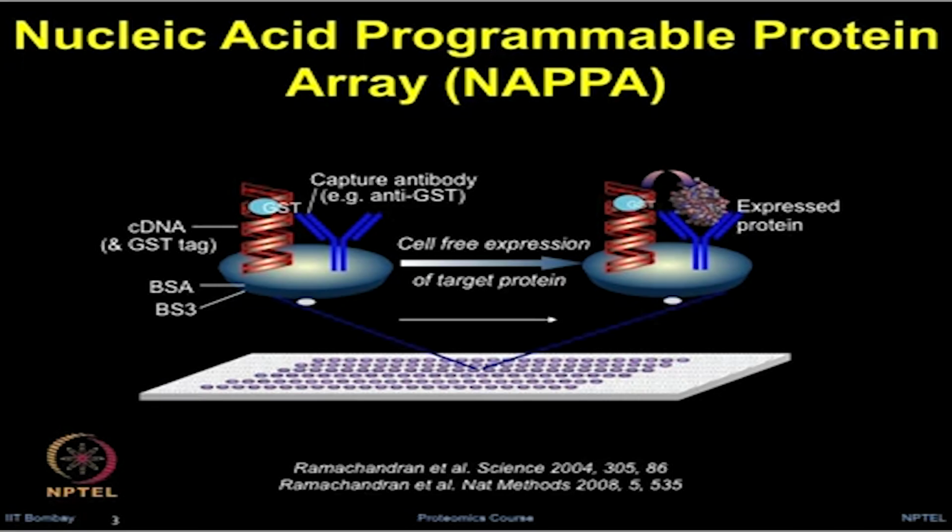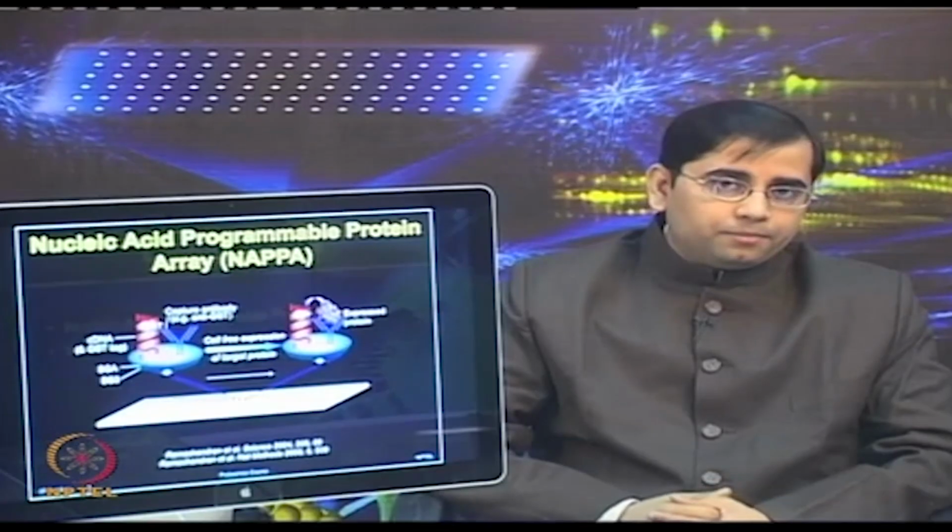In this slide I have shown you the anti-GST antibody. If you have a GST tag, you can use anti-GST antibody. If you have a FLAG tag, you can use anti-FLAG antibody. If you have a MYC tag, you can use anti-MYC antibody. So, these universal tag strategies can work depending on what tag you use, with the corresponding antibodies.